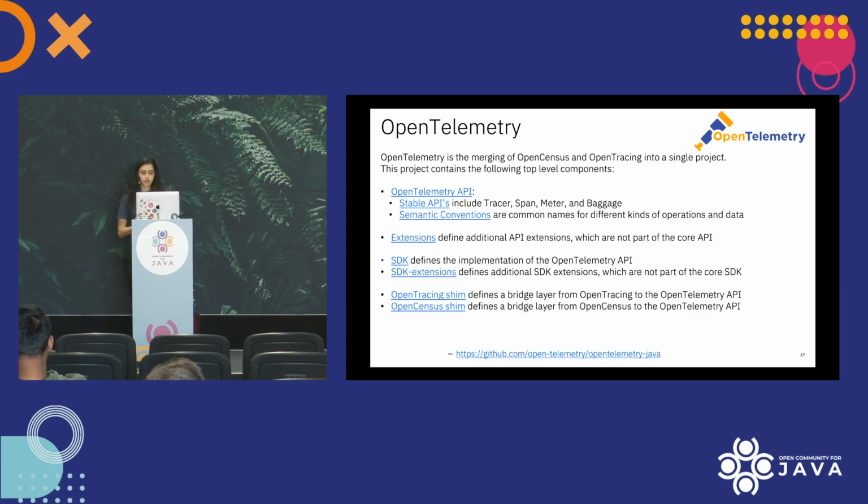So at a really low level, you've got the different concepts in OpenTelemetry. As I said before, it's a project merged from OpenCensus and OpenTracing, which you may have used previously. It consists of these components. You've got the OpenTelemetry API. This has a range of stable APIs to make a tracer and a span.